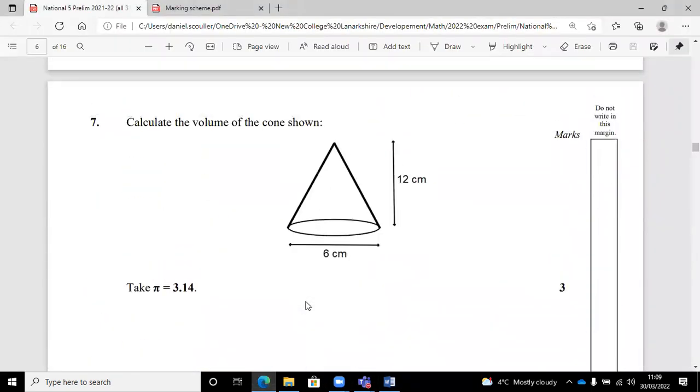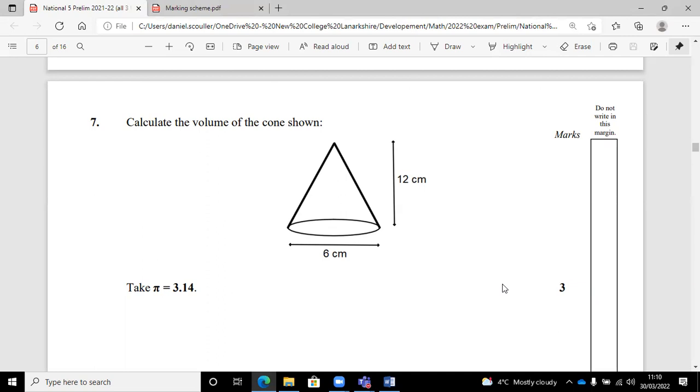Question 7. 7 is tough. So you're looking for the volume of a cone. You're given the expression for that at the front of the paper. Most people pick that up correctly. You're given a height, which is 12 centimeters.